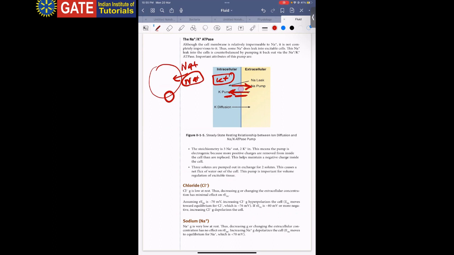What it does is move 3 sodium out in exchange for 2 potassium in, so that there will be net negativity inside of the cell. That's why we have minus 70 millivolt as the resting membrane potential. So there is net negativity because of this imbalance, because there are 3 sodium out and 2 potassium in. Because more positive charge is moving out of the cell, there is a negative charge inside the cell, as I told you.